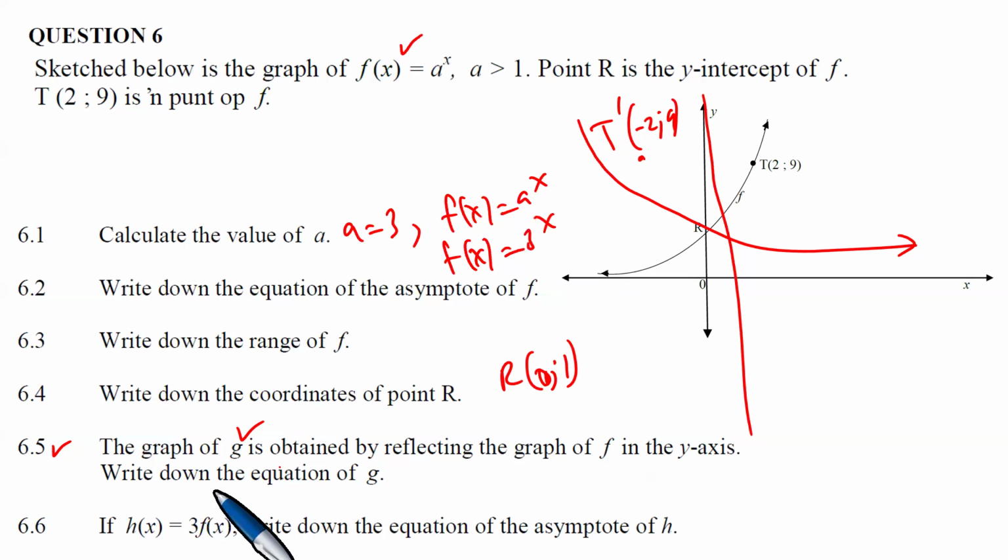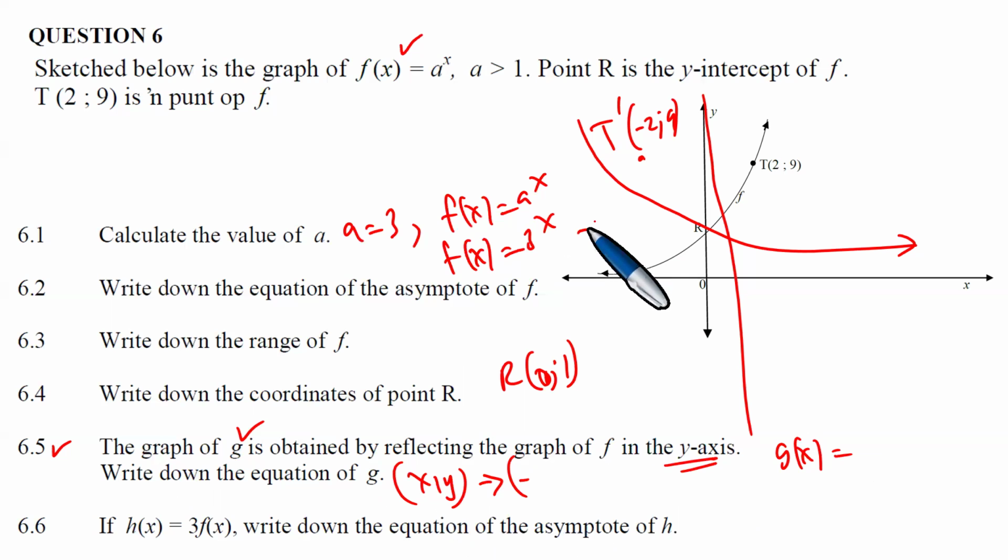If the graph is obtained by reflecting the graph of f in the y-axis, write down the equation of g. This transformation of reflecting in the y-axis takes an ordered pair of x and y to x becoming negative and y remaining the same.